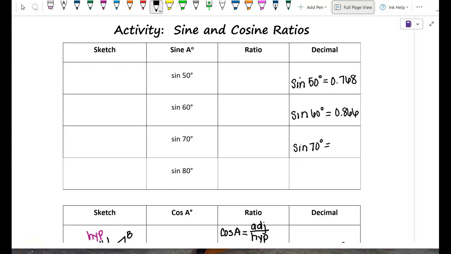You gave me the opposite was 41 point. Leah, what did you say the opposite was? 41.1 divided by your hypotenuse, which was 43.7. Based on those measurements, you should have gotten 0.941.